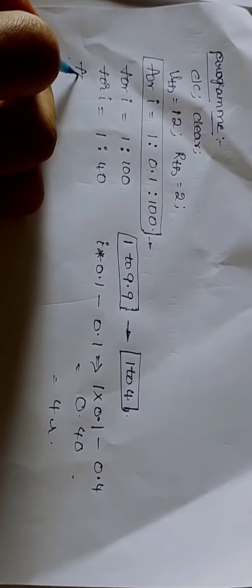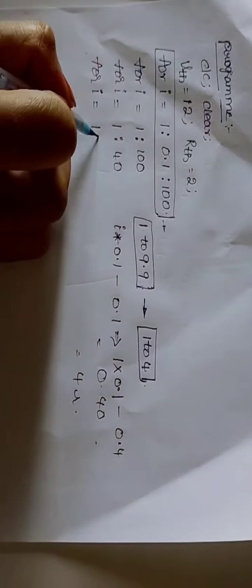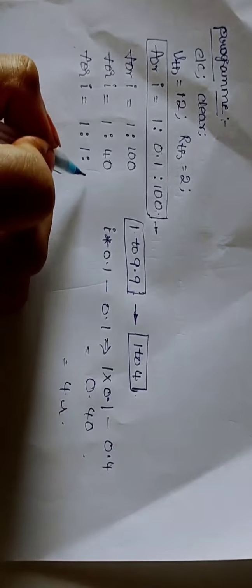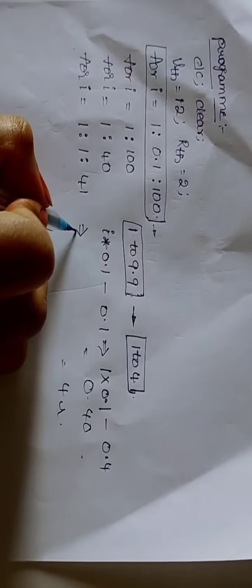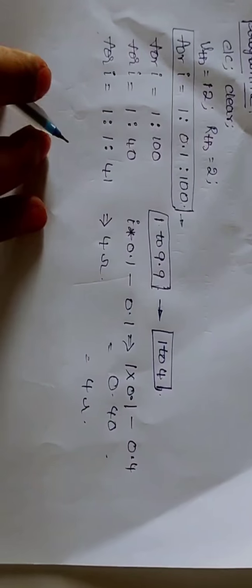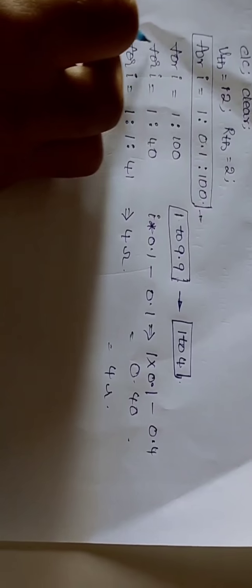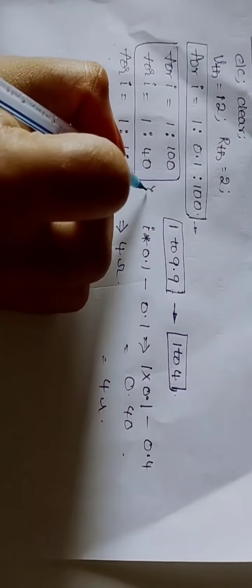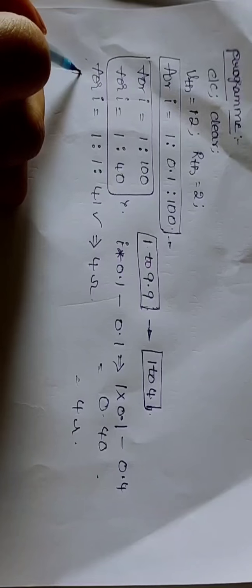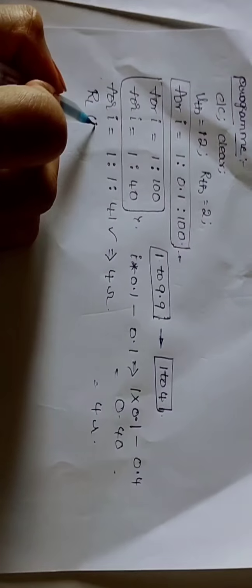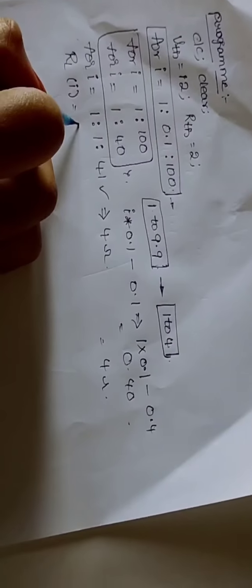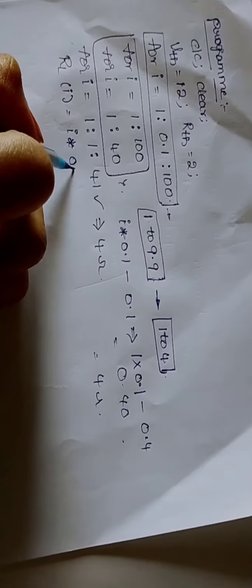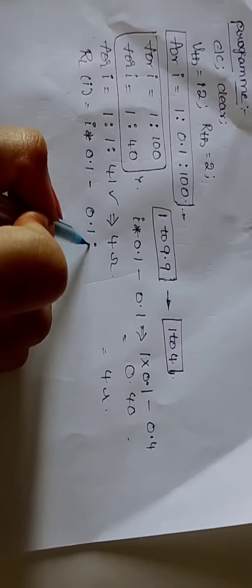So we write for I equals 1 to 41, which gives a result of 4 ohms. So these both are wrong and this one is right. Then we write RL of I: RL of I equals I into 0.1 minus 0.1.